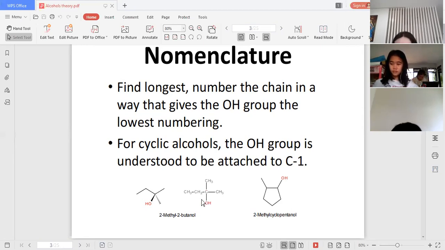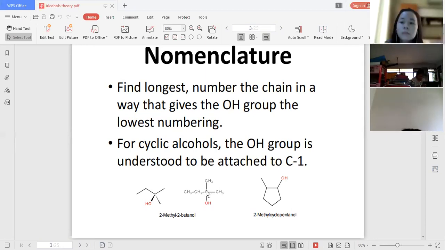The functional group here is located on this carbon atom. From the right hand side, it is carbon atom number 2. So the name of this one is 2-methyl-2-butanol.